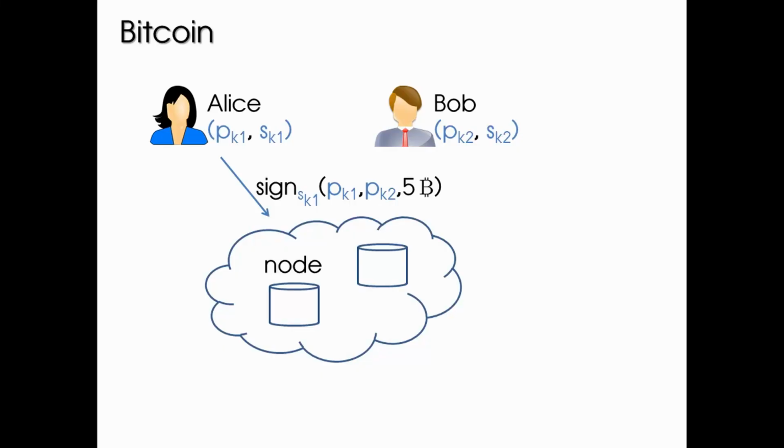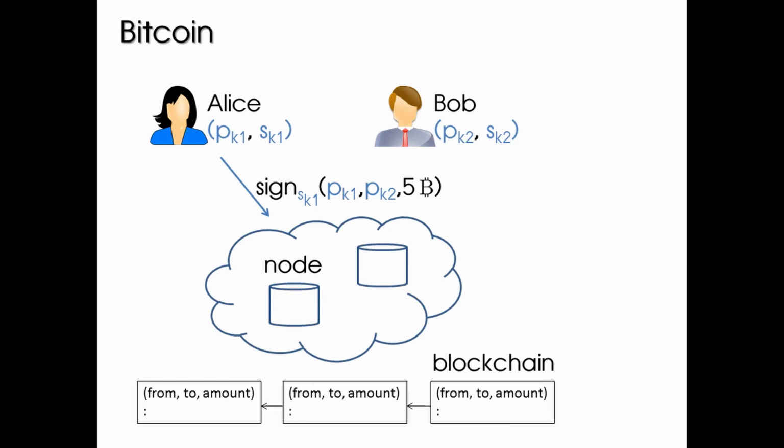But now what about the balance? How does the Bitcoin system know that Alice actually has the funds to pay for the transaction? For this, the Bitcoin system has a file that contains all the transactions that have been made. This file, of course, is too big, so it's broken into blocks, and together it's known as a blockchain.